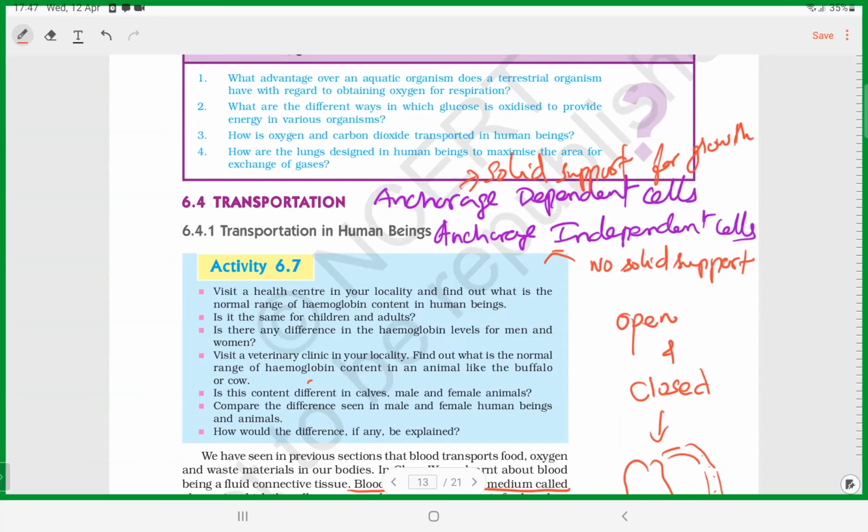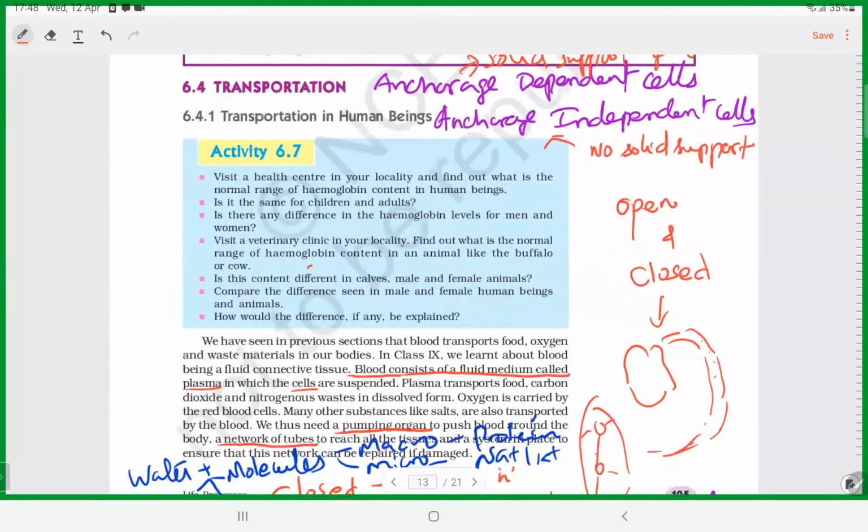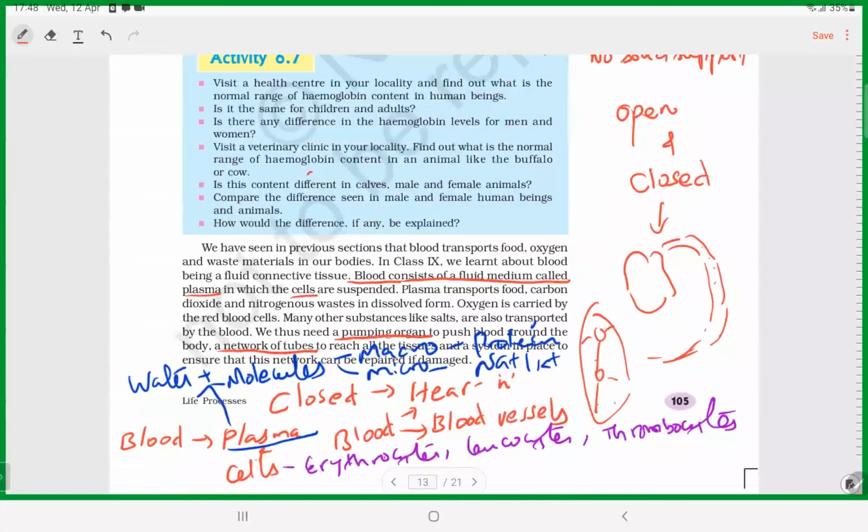Okay, fine. So now you know what blood is, the composition of blood. So what is the function of the cells of the blood in general? What will red blood cells do? Hemoglobin pigment is a carrier of oxygen and carbon dioxide.